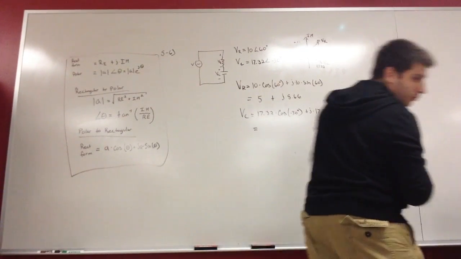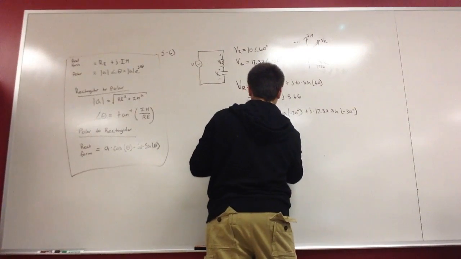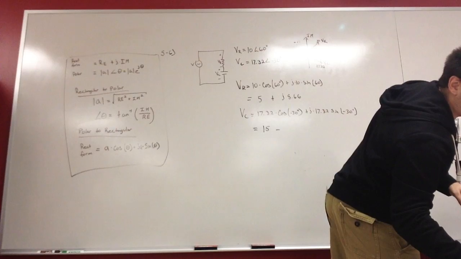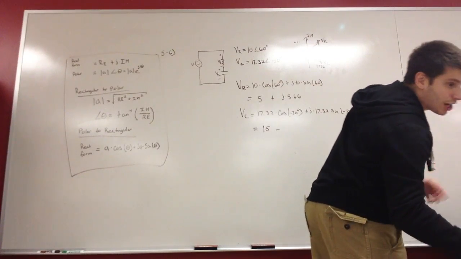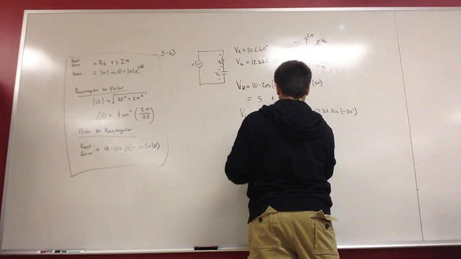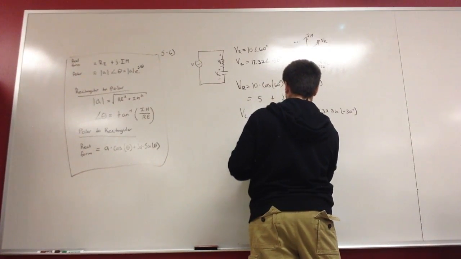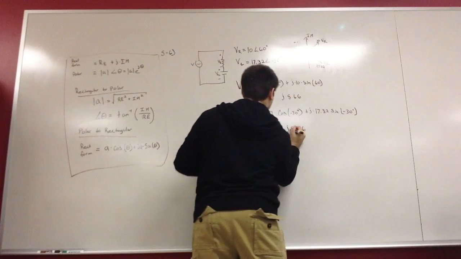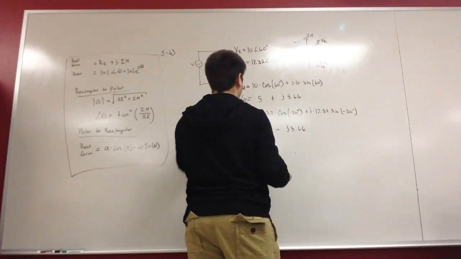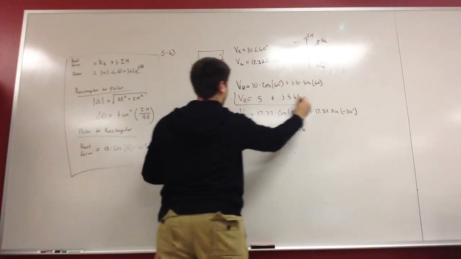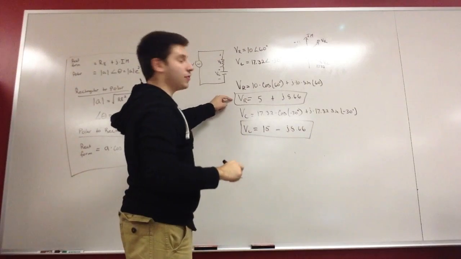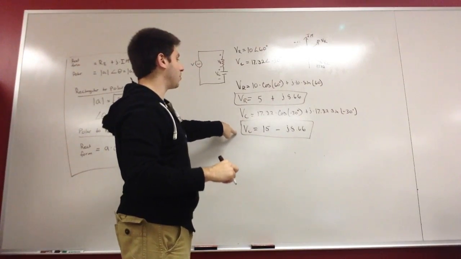This will be equal to 15 minus 8.66j. So these two equations give us the rectangular form of the V sub R component and the V sub C component.